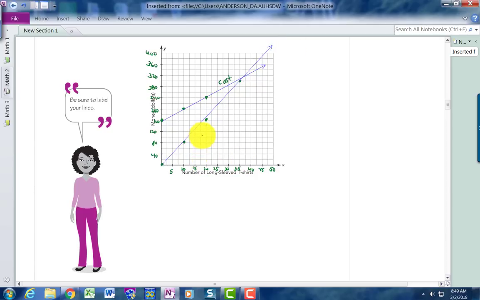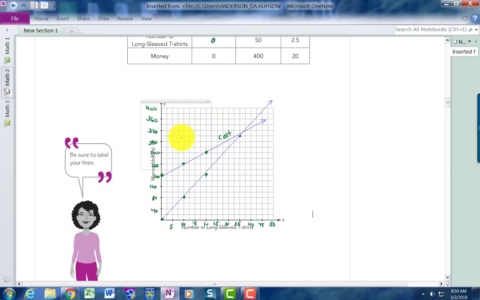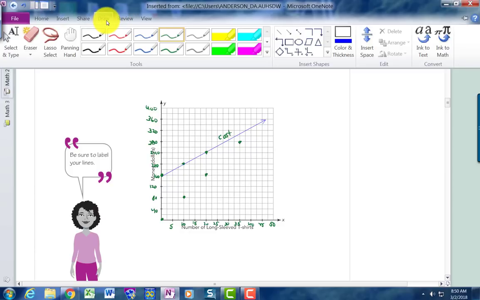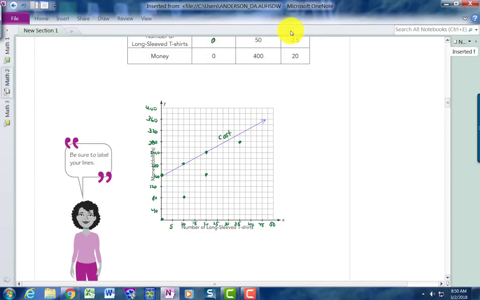I'm a little bit off here. This point was a little bit too high. There we go, 280. Let's graph that one again. 35, 280. See, now if your graph is off, you're going to be in deep water here because it's not going to come together very nicely.